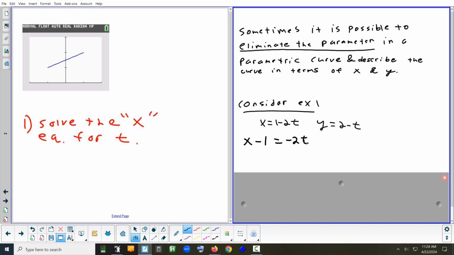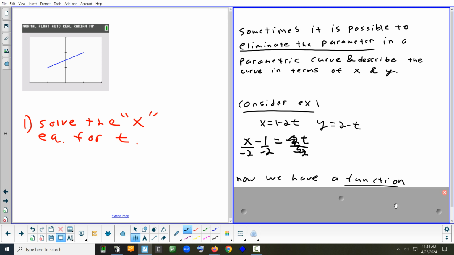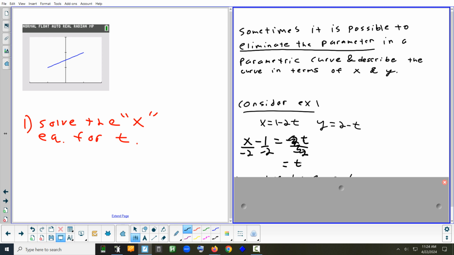And what would you divide by? Negative 2. So we'll divide everything by negative 2. Negative 2 is gone. We end up with t by itself on the right. And what number is in front of x here, even though it's not written? 1.